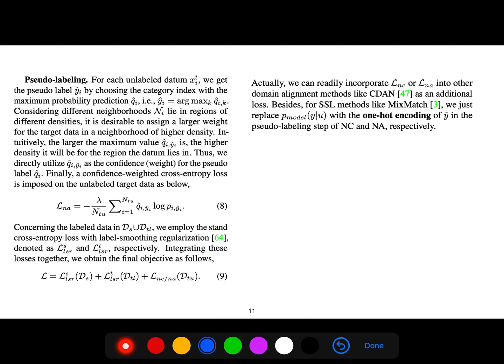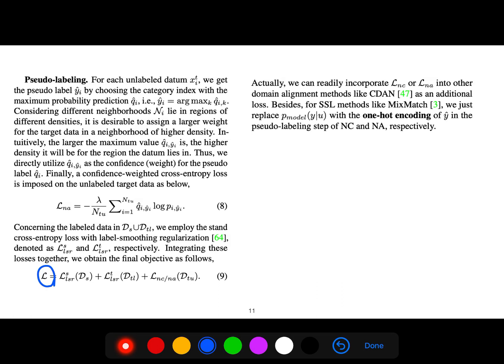And now we can do pseudo-labeling. For each unlabeled data, we get the pseudo-labels by choosing the category index with the maximum probability. Finally, a confidence-weighted cross-entropy loss is imposed. So we employ the standard cross-entropy loss with label smoothing regularization, and integrating these losses, we get this total loss.